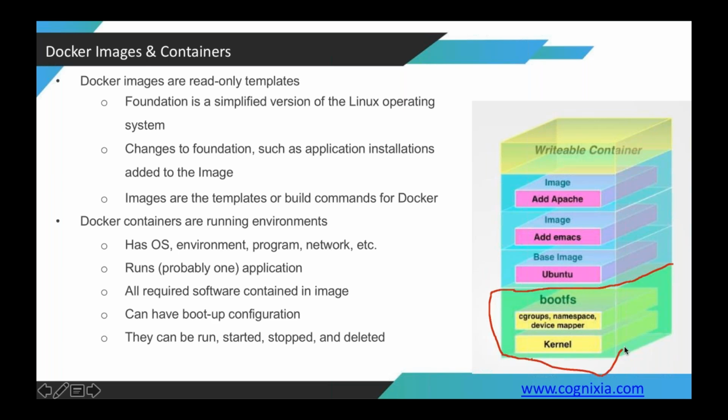You see this, we need a dependency of Docker CE or Docker daemon to be installed on the system. That is actually enabling us to create this boot file system, which is required to boot the containers, and that is possible using the cgroups, namespace and the device mapper. Now, what is a device mapper? We already know about the cgroups, we know about the namespace. Now, what is a device mapper?